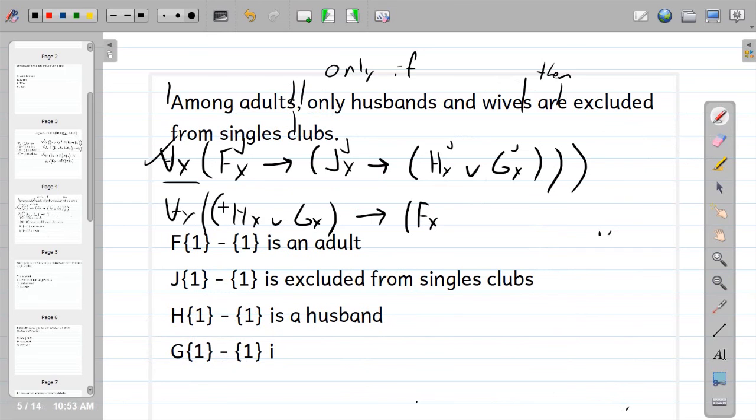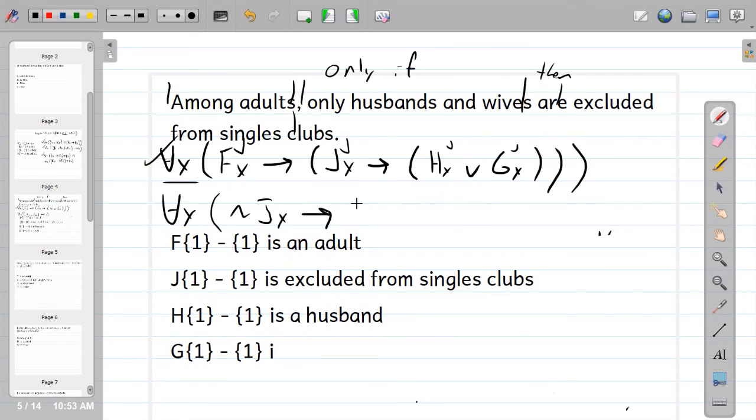So if you're not excluded from the club, then it's not the case that you are a husband or a wife. You know what I mean? Like, so it's just flipping them? Yeah. Okay, so if you're not excluded, then you're not a husband or a wife.